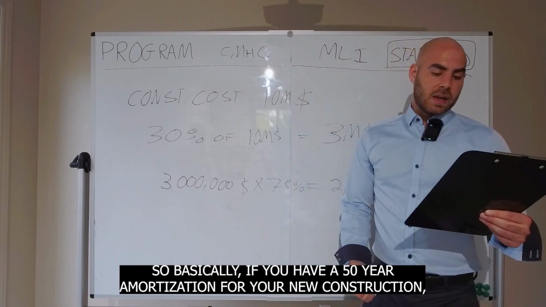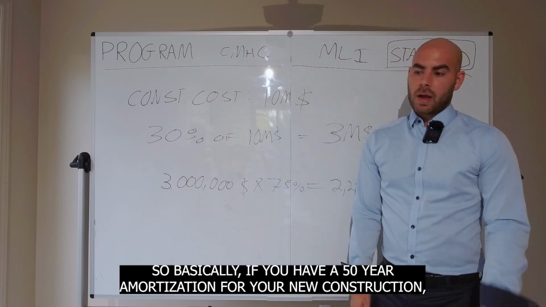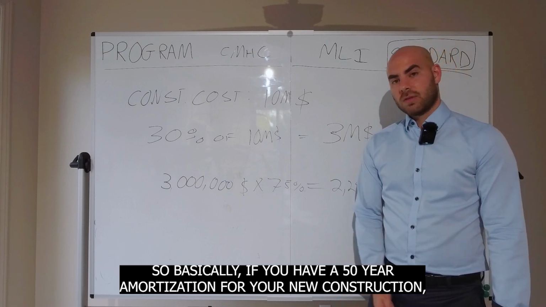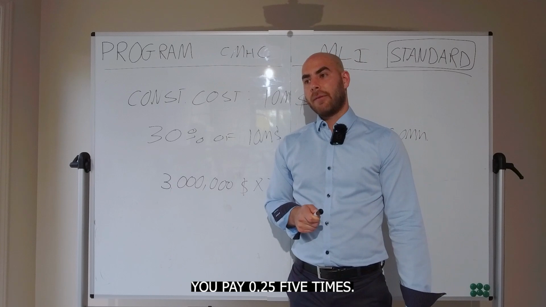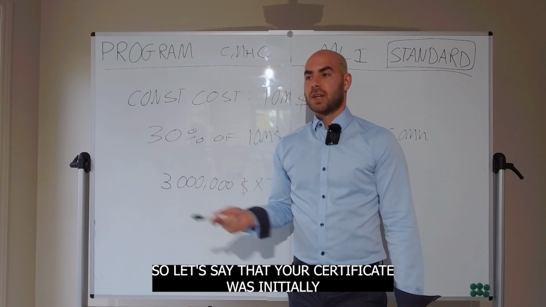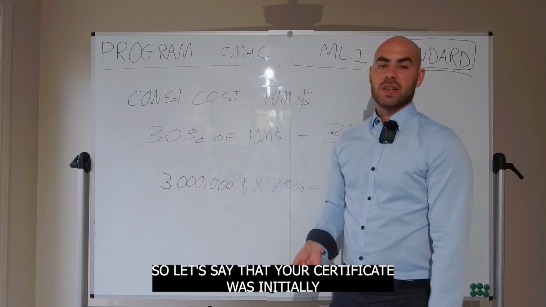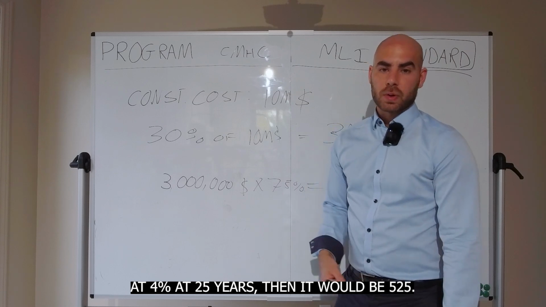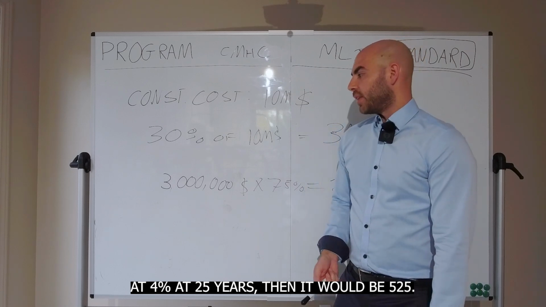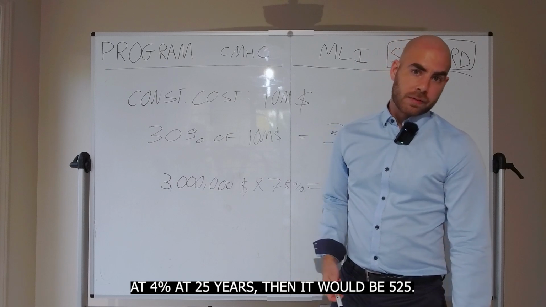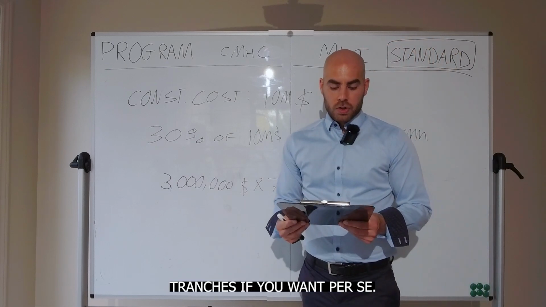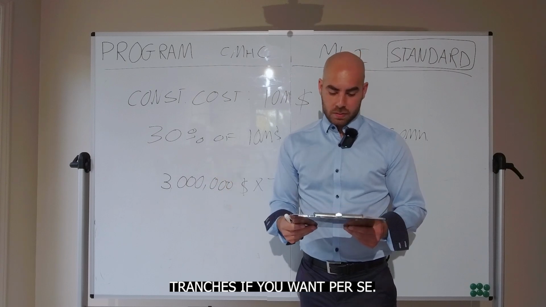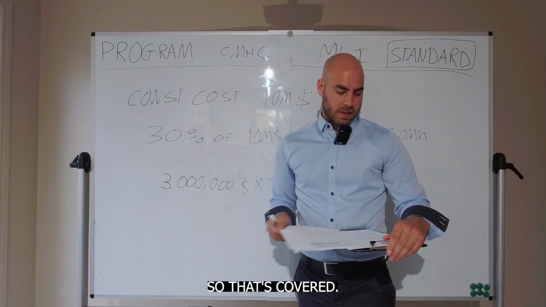So basically, if you have a 50-year amortization for your new construction, you pay 0.25% 5 times. So let's say that your certificate was initially at 4% at 25 years, then it would be 5.25% since you're adding 5 extra slices. Tranches, if you want. So that's covered.